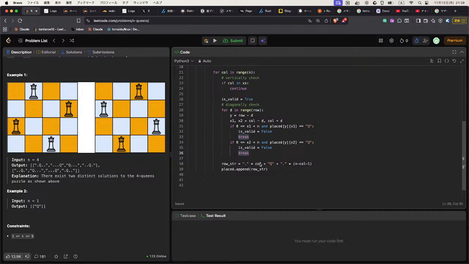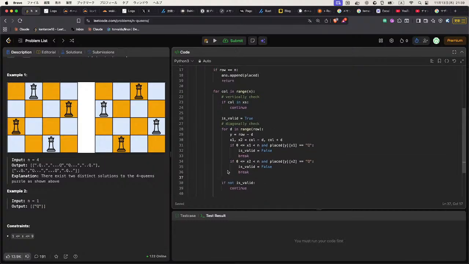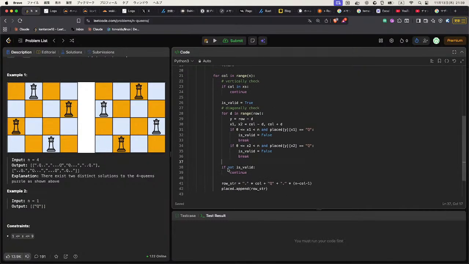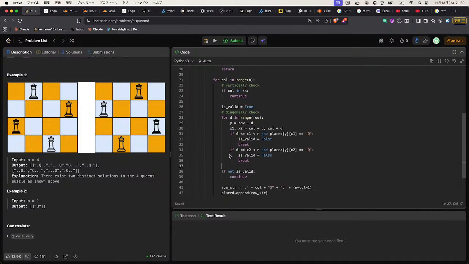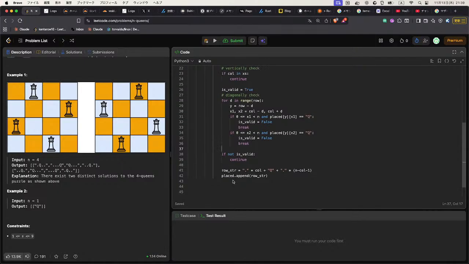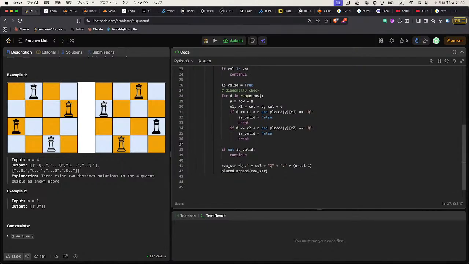And yeah, after the loop we check whether we should continue the loop or move on to the next.